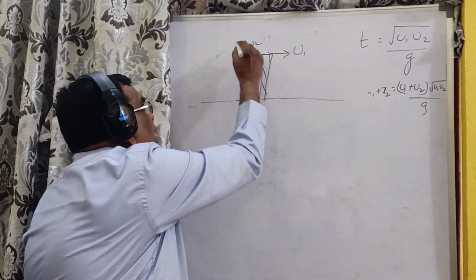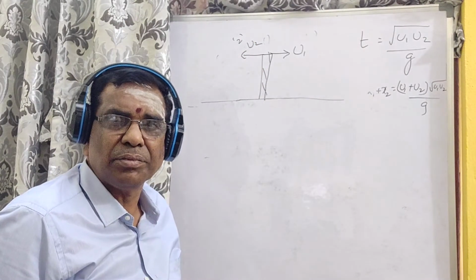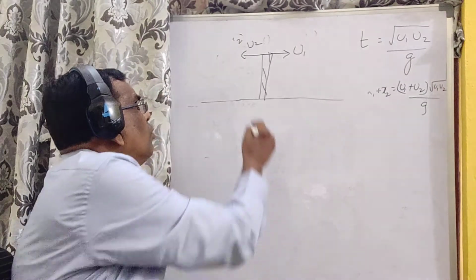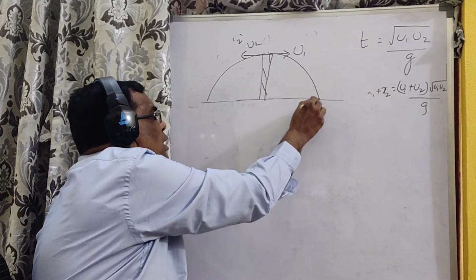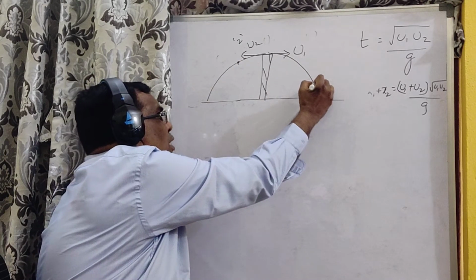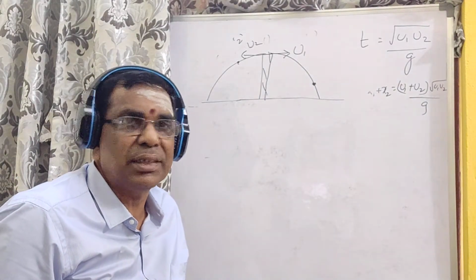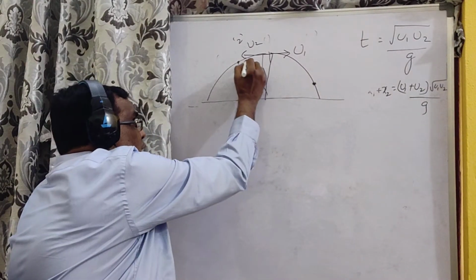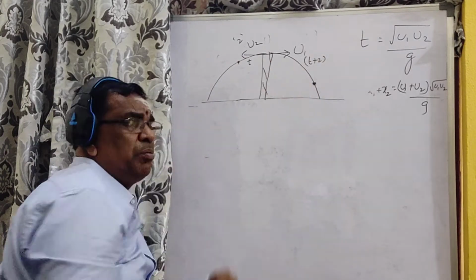Maybe I'll take some 2 seconds later. Now, this probably will be like this, and that will be like that. Now, if this particle is here, this particle will be there. This is an important point you should understand. If I take this time to be t, this will be t plus 2.